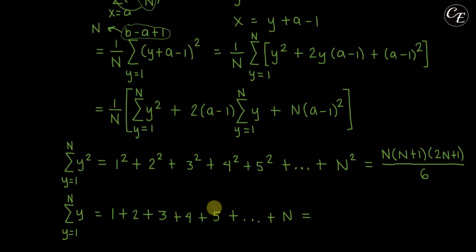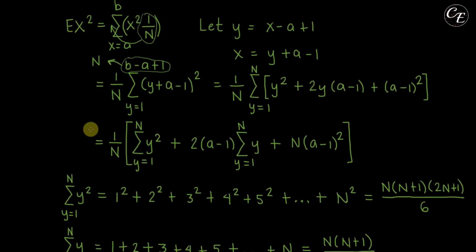And then from algebra, for this arithmetic series, it has a formula of n times n plus 1 over 2. Then for this summation of y squared, we have this, and for the summation of y, we have this.